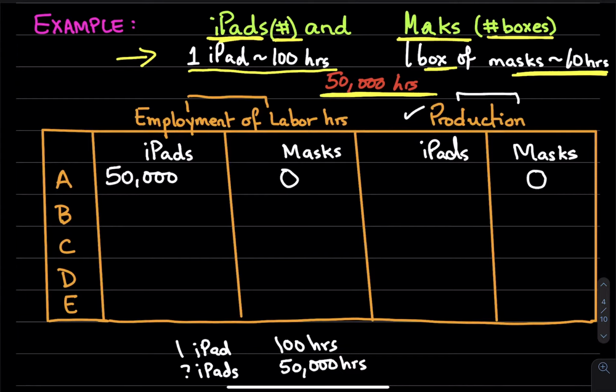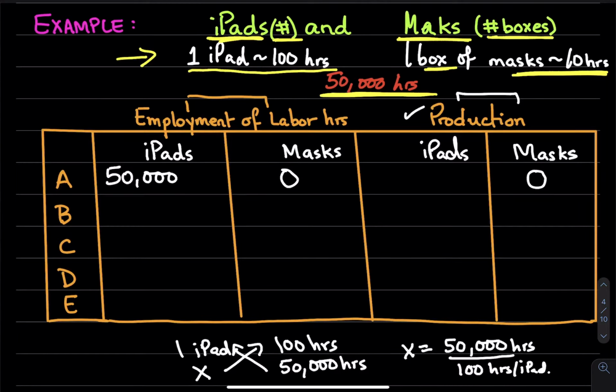The best way to do this is to assume that what we want to calculate is X. You cross multiply and you get X equals 50,000 hours divided by 100 hours per iPad. So we get X, which is 500. 50,000 divided by 100 is 500. So 500 iPads can be produced using 50,000 labor hours.